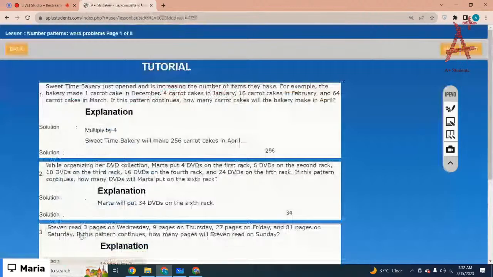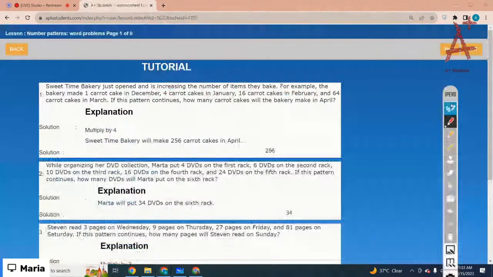For example, the bakery made one carrot cake in December, 4 carrot cakes in January, 16 carrot cakes in February, and 64 carrot cakes in March. If this pattern continues, how many carrot cakes will the bakery make in April? Just write down the numbers, identify the pattern, and find the next number. That's what you have to do.